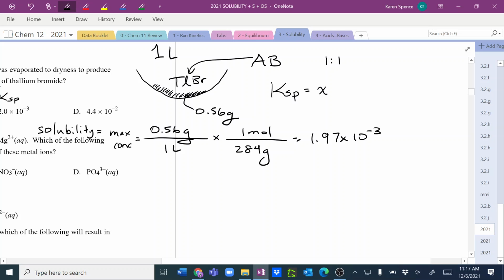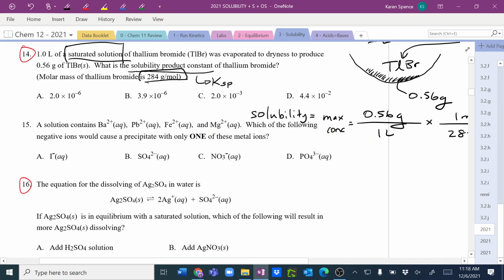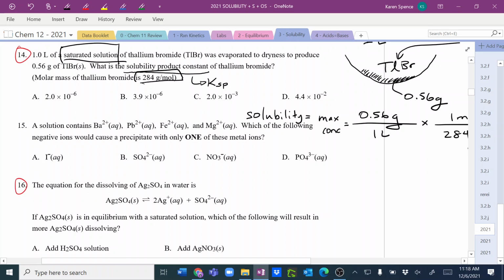Yeah, it's equal to x squared, and x is the solubility, so it's going to be 1.97 times 10 to the negative 3 squared, which is 3.9 times 10 to the minus 6. Hopefully that's one of the answers. Let's take a look. Yes, it is. Woo! Okay.